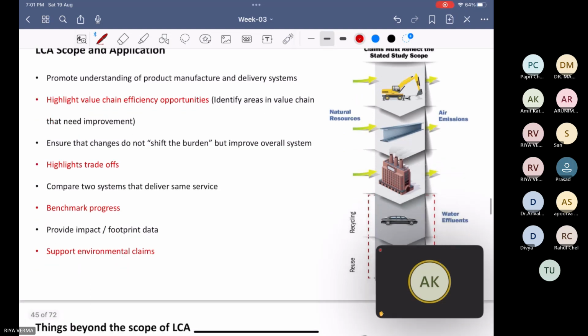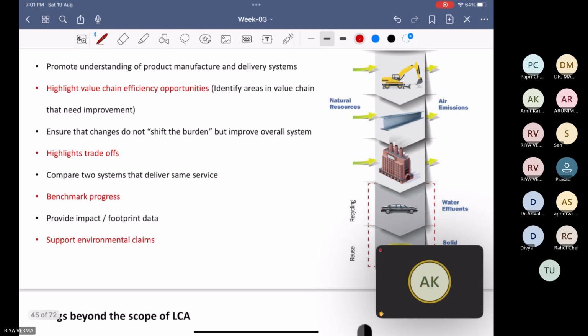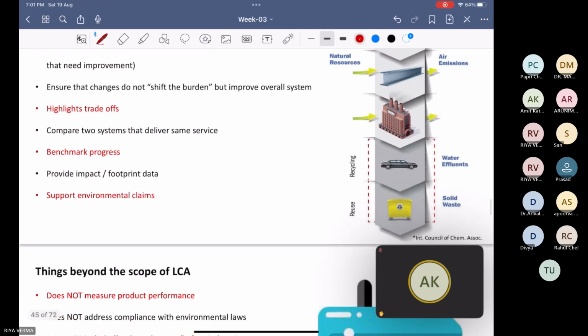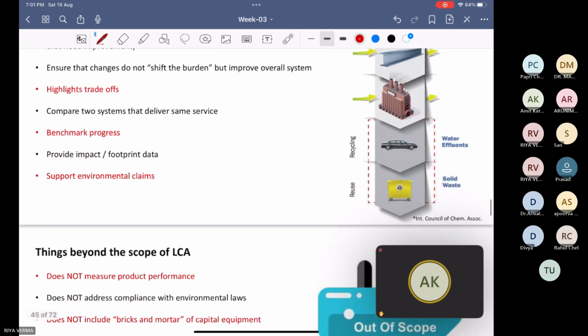Then it ensures that changes do not shift the burden but improve the overall system. Then it can also highlight the trade-offs. Then it can compare two systems that deliver the same service.